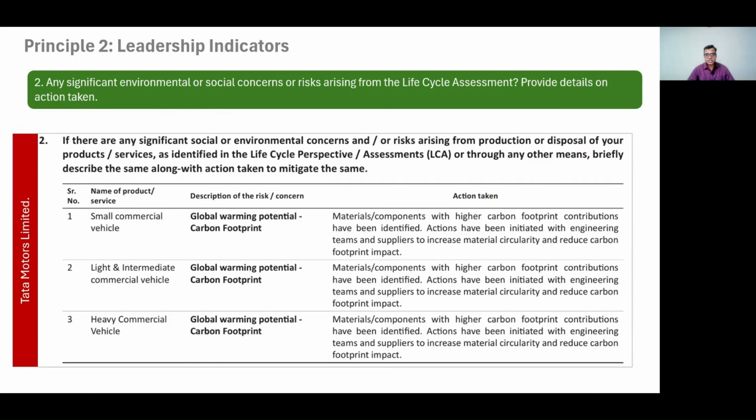And what action is Tata Motors promising to take? That the materials or components with higher carbon footprint contributions have been identified, and actions have been initiated with engineering teams and suppliers to increase material circularity, which is converting the waste back into input, as we had discussed earlier, and reducing the carbon footprint impact.